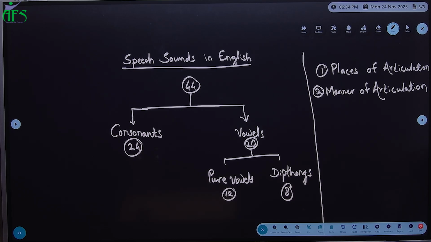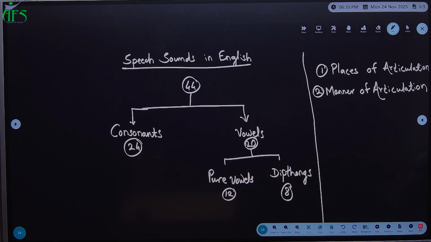And if the sounds are articulated with the upper and lower lips, they are called bilabial sounds, right? Which sounds are bilabial sounds? p, b, m. These are bilabial sounds.